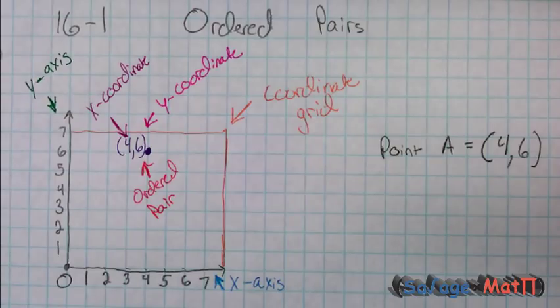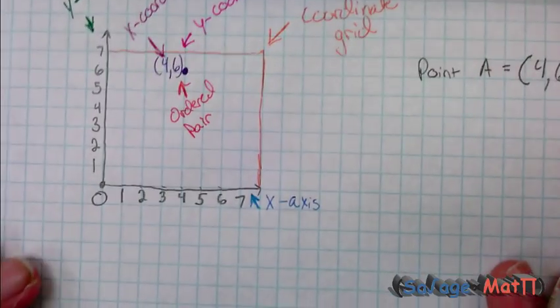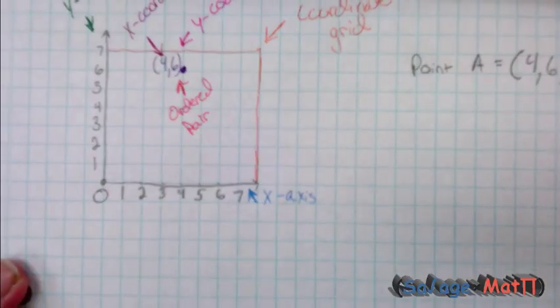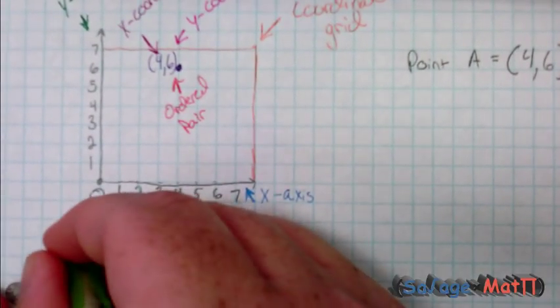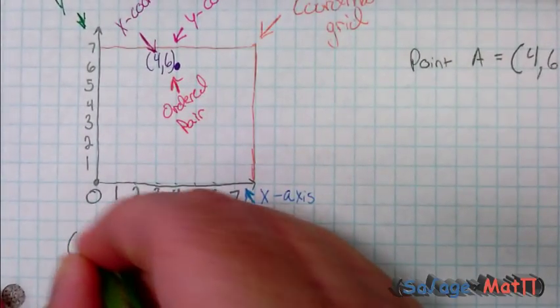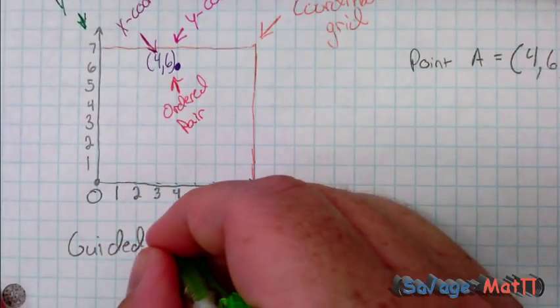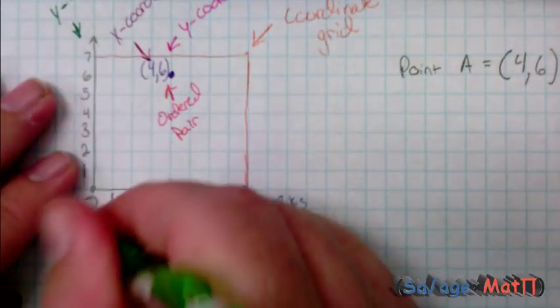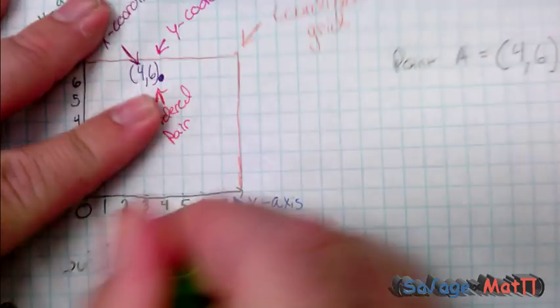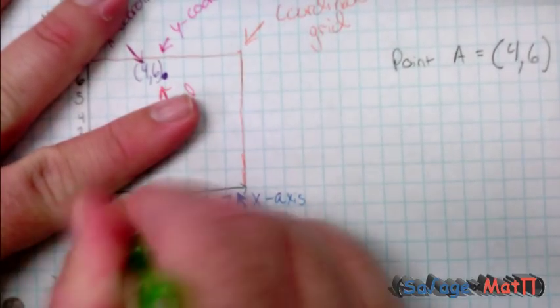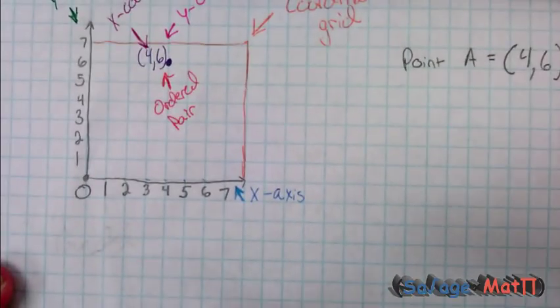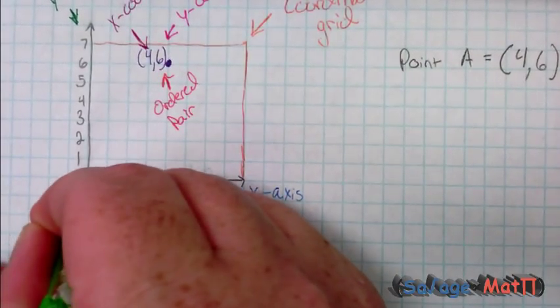I'll write this down for you. If you want, you can keep using this graph paper for your guided and independent practice, and then staple it into your math notebook when you're done.